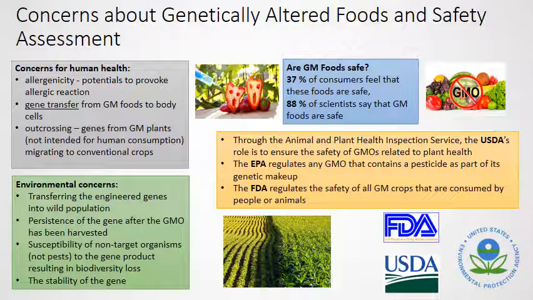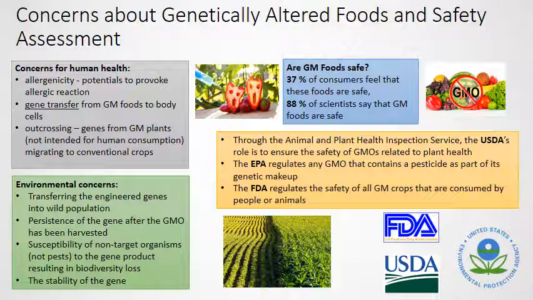Environmental concerns include transferring the engineered genes into wild populations, persistence of the gene after the GMO has been harvested, biodiversity loss, and the stability of the gene.